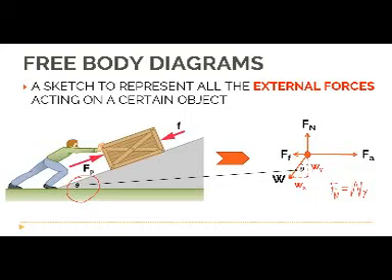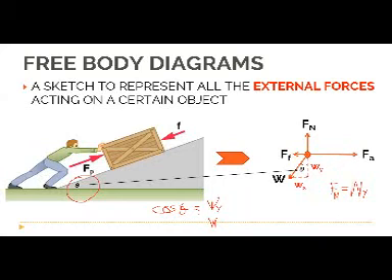Since W sub y is the adjacent side of our angle, we will use the CAH in SOHCAHTOA, which is cosine theta equal to the adjacent, our W sub y, divided by the hypotenuse, which is W.